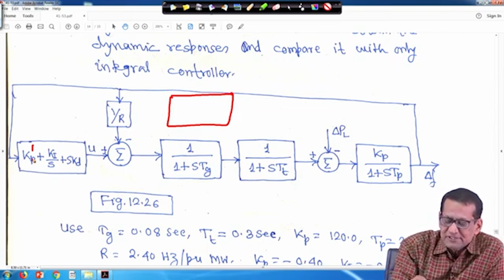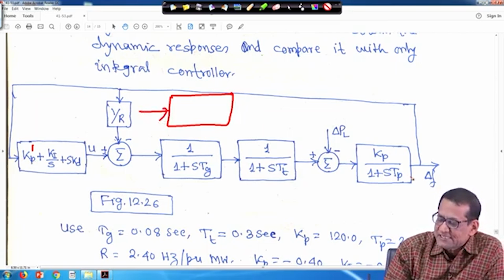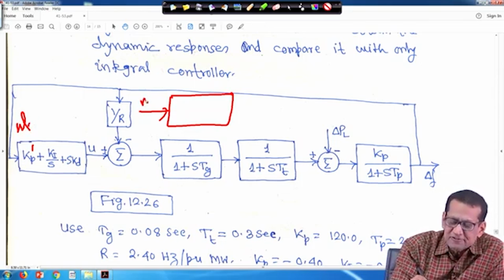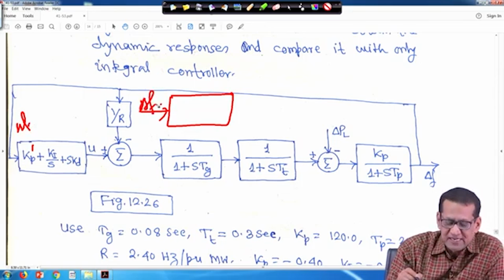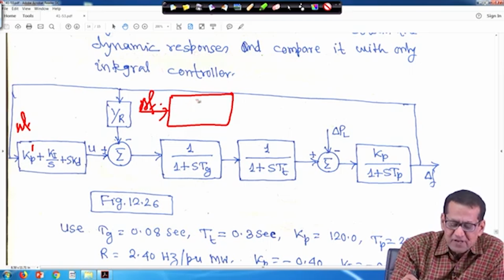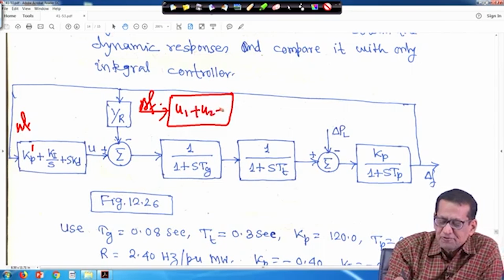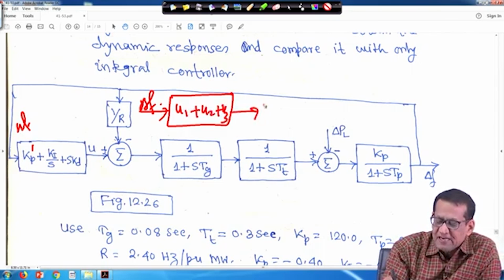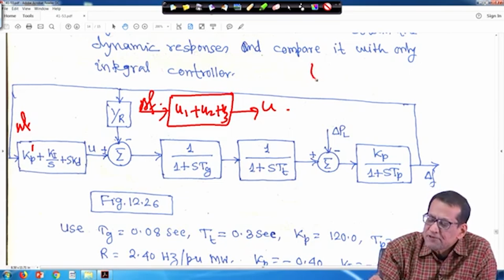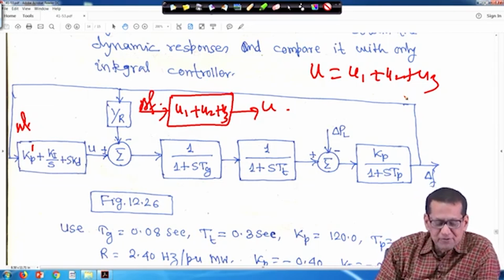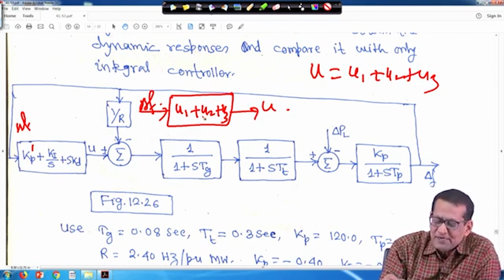Suppose the input signal for this case is delta f. What we will do is take three parts: one is U1, another is U2, and another is U3, and the output is U. So, U is equal to U1 plus U2 plus U3.